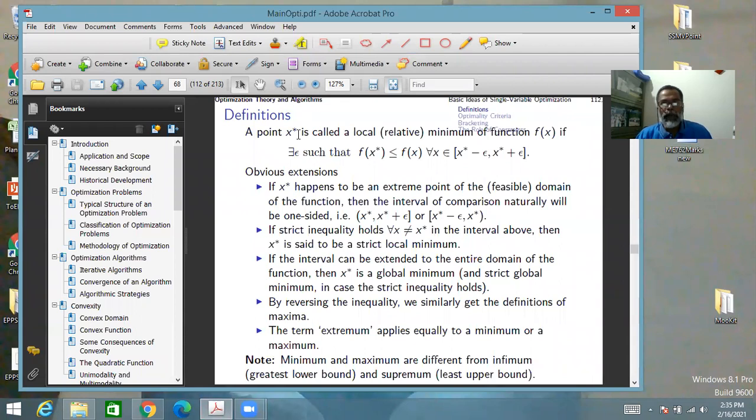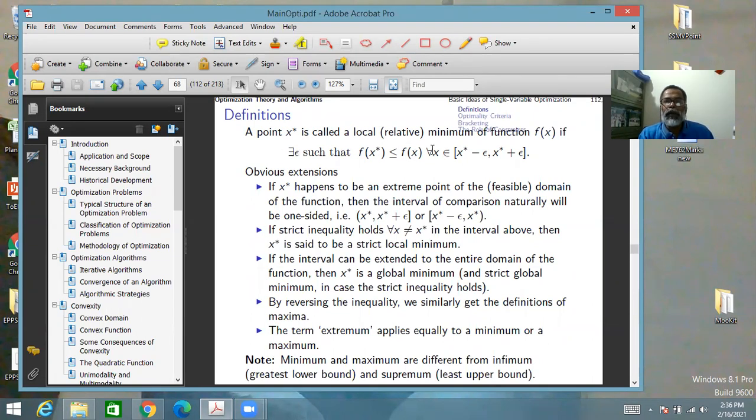if the formal mathematical definition is like this: if there exists an epsilon, understood to be very small, such that f of x star, that is the function value at the current point, is less than or equal to all the other neighboring function values in this neighborhood.